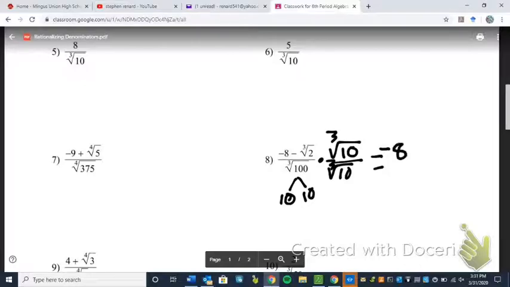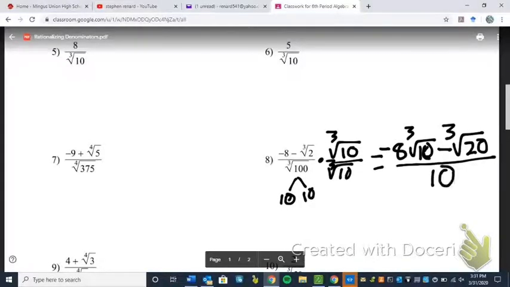So we distribute up top, cubed root of negative 8, cubed root of 10. And then the cubed root of 2 times the cubed root of 10 gives us negative cubed root of 20. All of that is going to go over 10. Nothing to reduce there, so that's our answer.